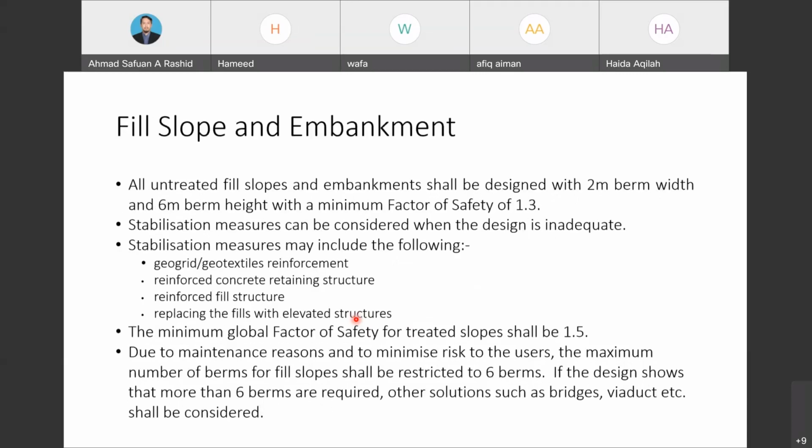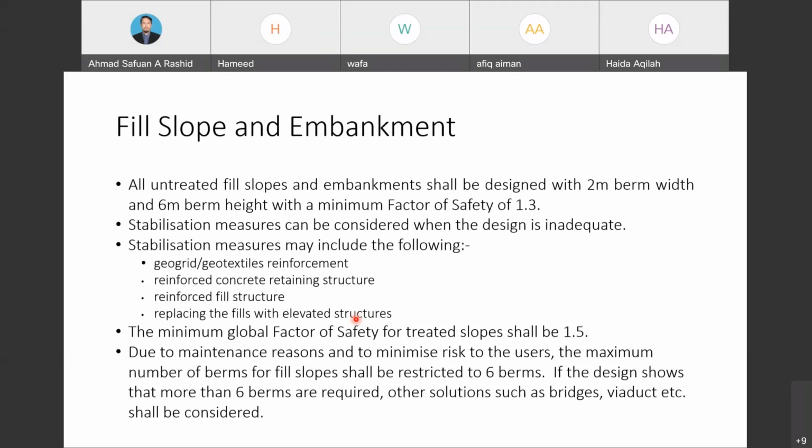I guess it is similar for the fill slope and embankment. We need to make sure there is a 2 meter berm for every 6 meter height. This is the method of stabilization: geogrid, geotextile, reinforced concrete, reinforced fill structure, replacing with fill, and elevated structure.